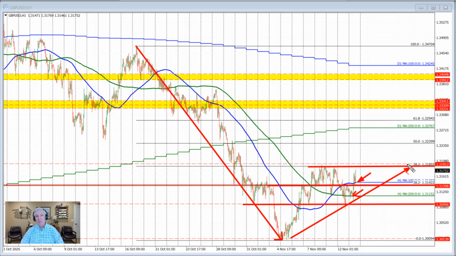So the 85, get above 85 and then get above the high price here at 1.3191 level would open the door for further upside momentum for the pound versus US dollar, but we need to get above those levels in order to do that. On the downside, watch the 100-hour moving average.